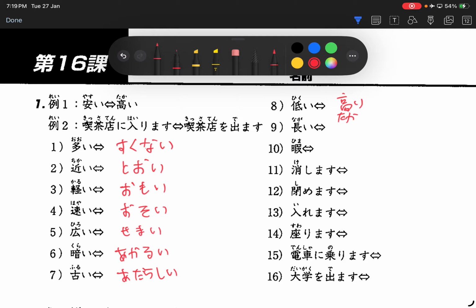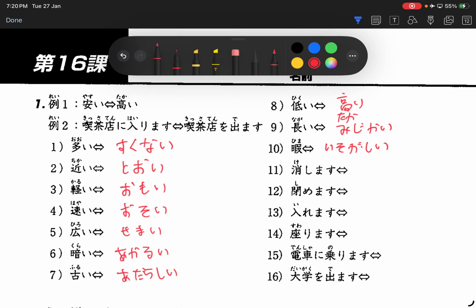Takai. Nagai. Mijikai. Okay, that's number 10, hima. Very good. Isogashii. Right, isogashii.